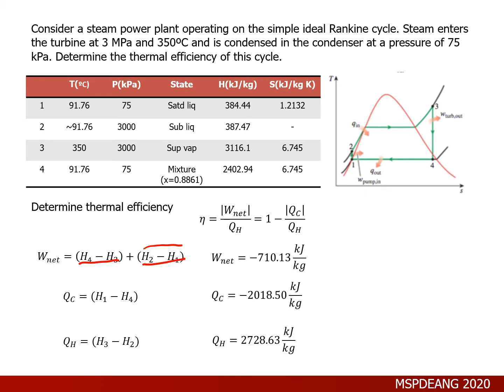You can now obtain the following values from your determined specific enthalpies in the table, and you can now calculate the thermal efficiency of this simple Rankine cycle, which is 26.02%.